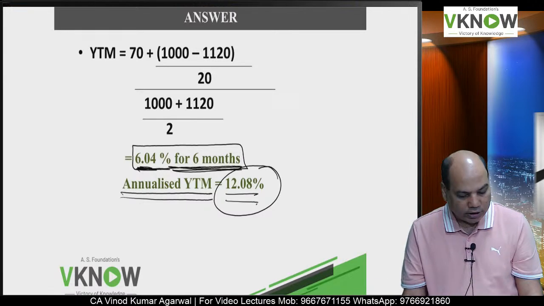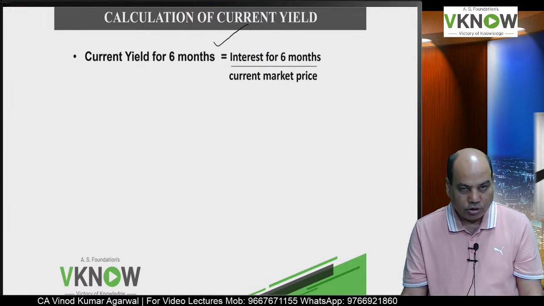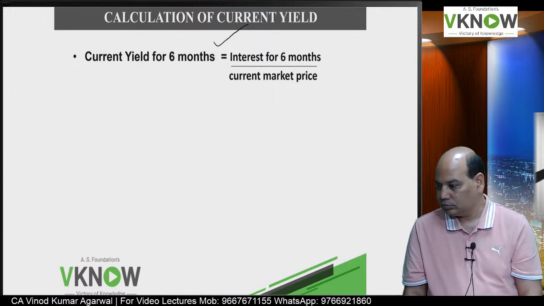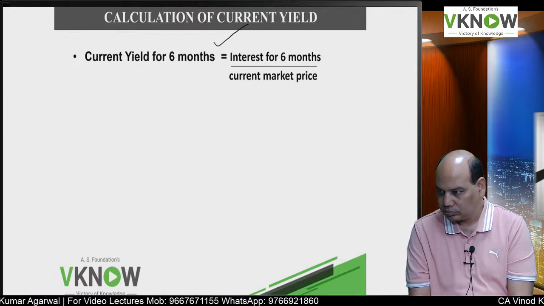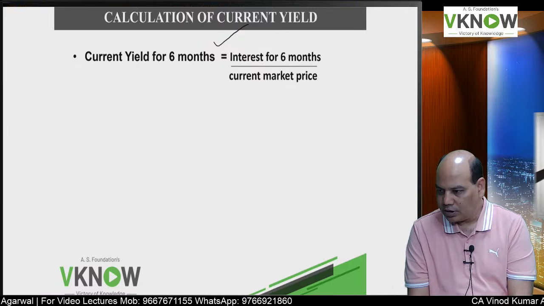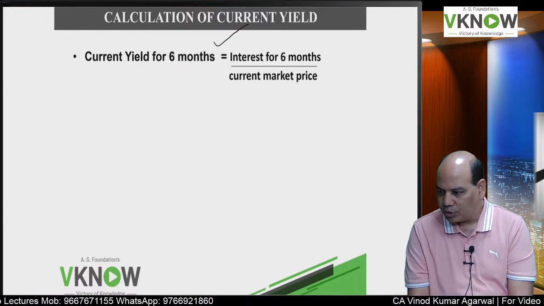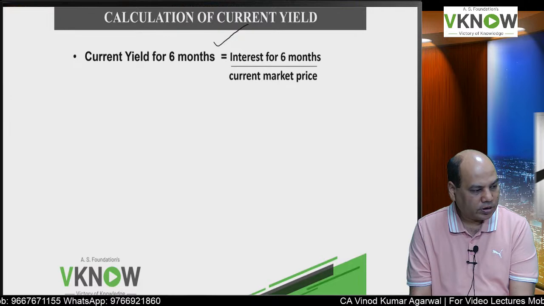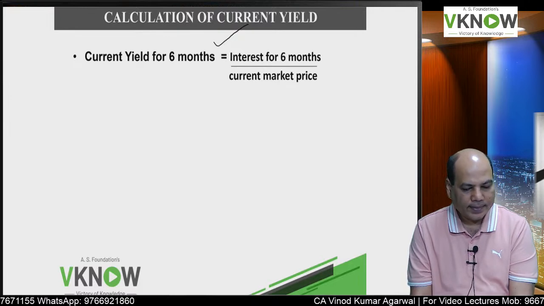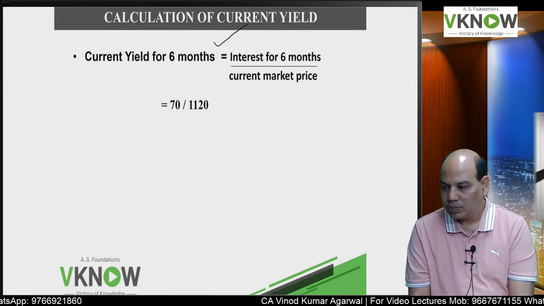Now in the same way we will get the current yield also. Please write down heading calculation of current yield. First I will compute current yield for 6 months. Current yield for 6 months will be interest for 6 months upon current market price. Interest for 6 months is 70 upon 1120.